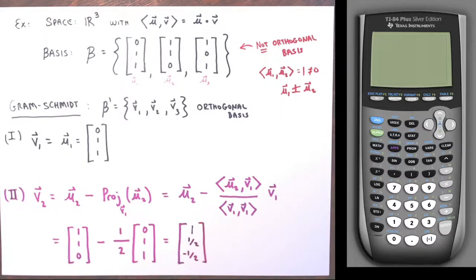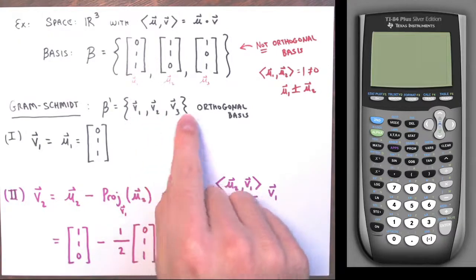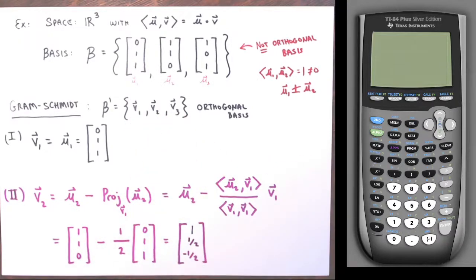I'm going to keep it this way, as (1, 1/2, -1/2). It's only after I've created all three vectors that I'll look at scalar multiples to simplify it, but I'll keep this as u2 minus the projection vector the way it is. All right, so v2 is (1, 1/2, -1/2).